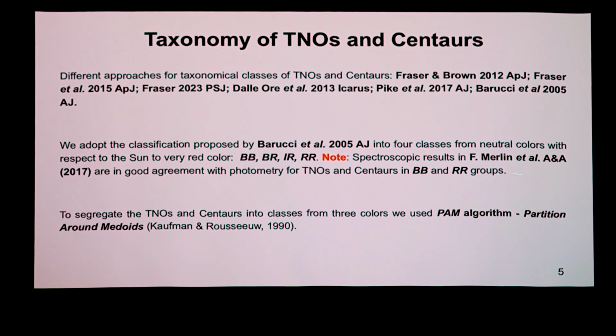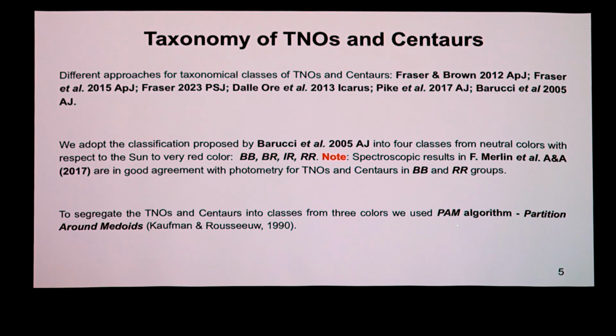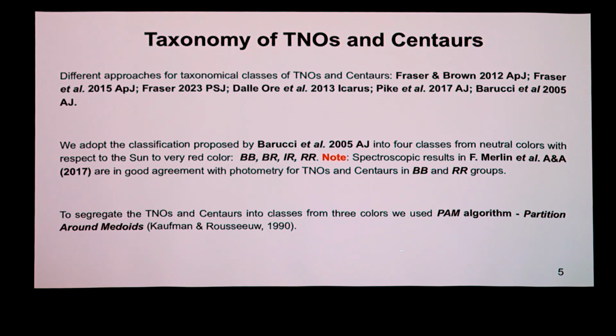It's interesting to note that there is a good agreement between photometry for the most extreme classes and spectroscopic results. For the 2 intermediate classes, things are a little bit more messy, and sometimes you may tentatively put one object from these classes into the red extreme or the blue extreme. To split the observations into classes, we use an algorithm called PAM, Partition Around Medoids, as implemented in the R statistical package.